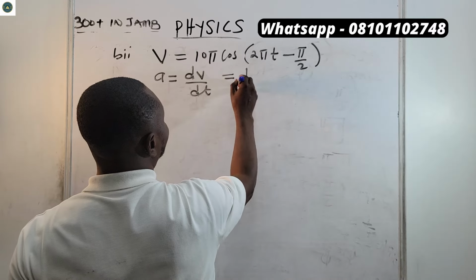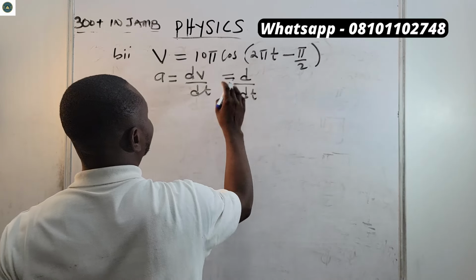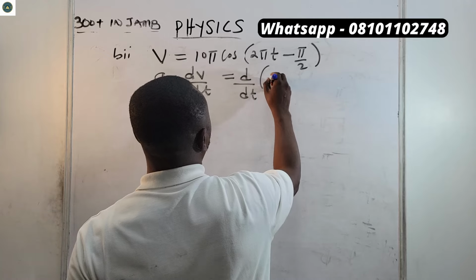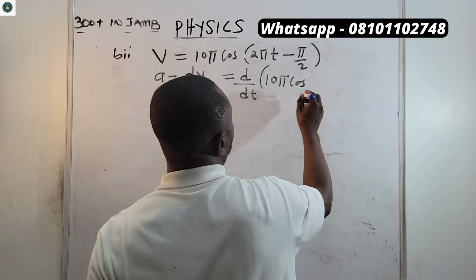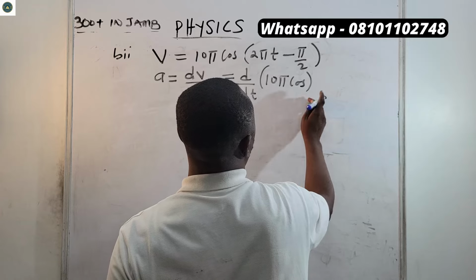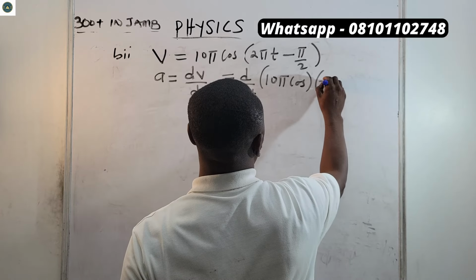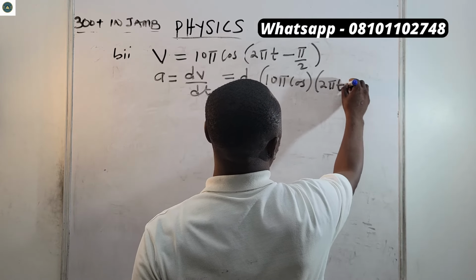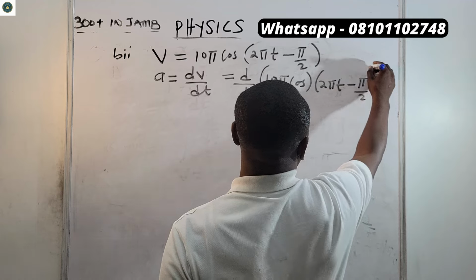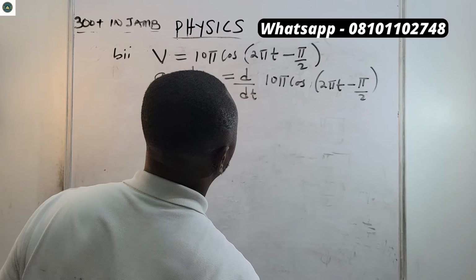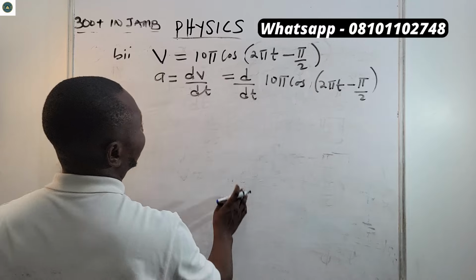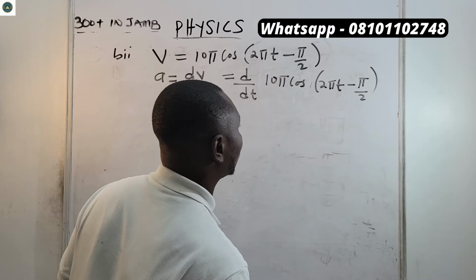So what do we now have? We have d/dt of 10 pi cos(2 pi t minus pi over 2). We need to differentiate with respect to time.